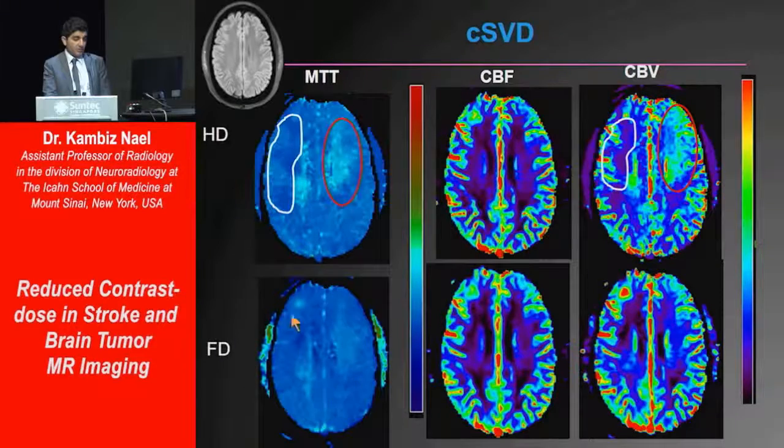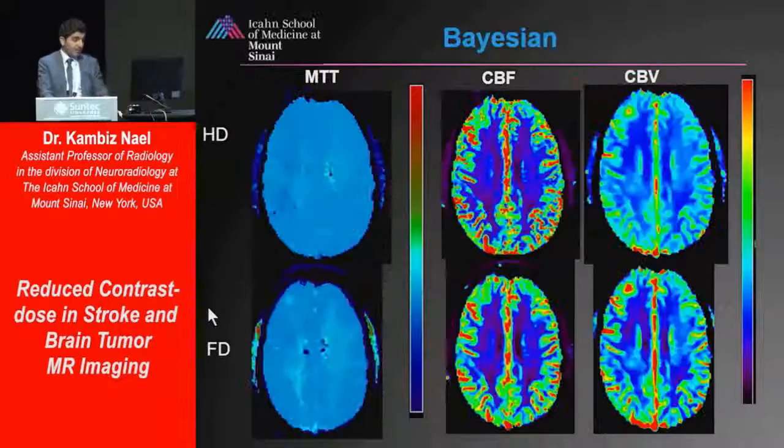Again, a homogeneous map on full dose, but not so much on half dose, an effective limitation of low dose contrast. And also this patient has a cortical-based meningioma. I should have a T1 post-contrast image here, but you can clearly see high CBV in that lesion, which you barely can see in the low-dose perfusion image.